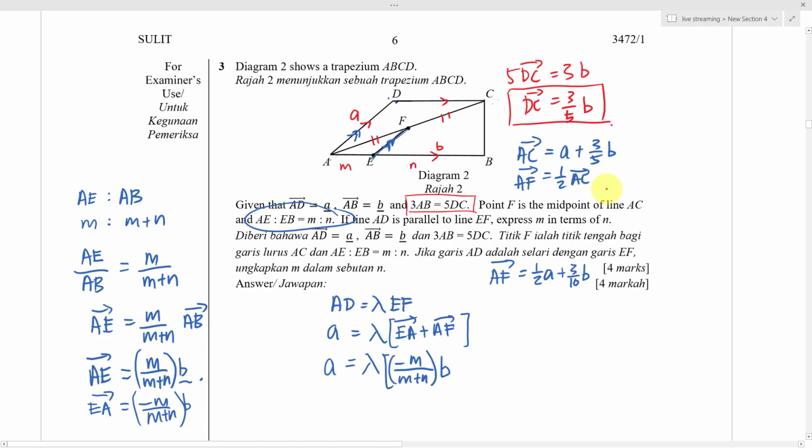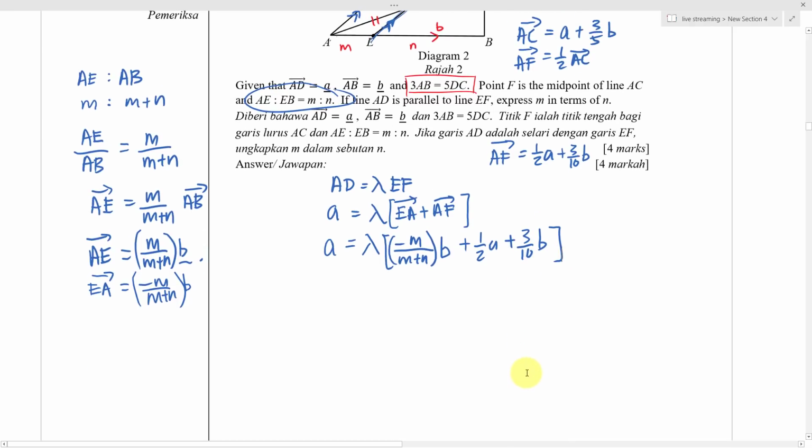Okay, so I hope you get the idea. Now I have AF ready. I will add half A plus 3 over 10B. Then I will solve this equation over here. Right now I need to multiply lambda into both.